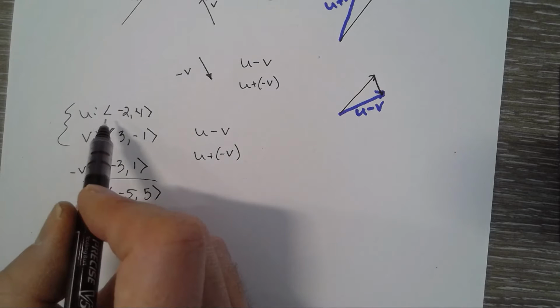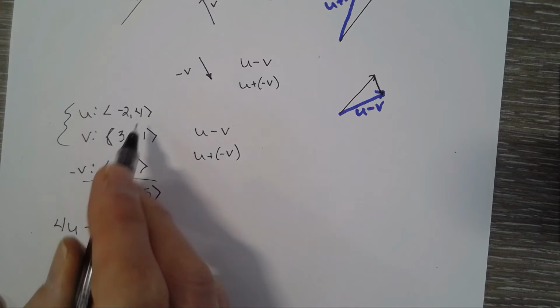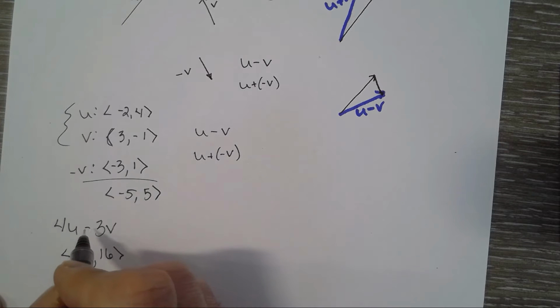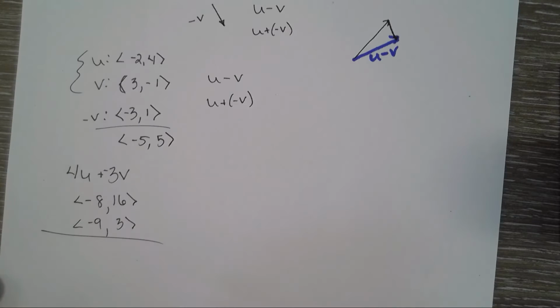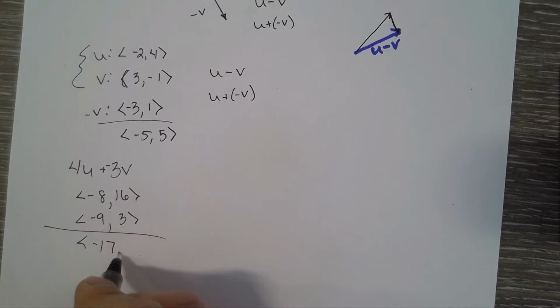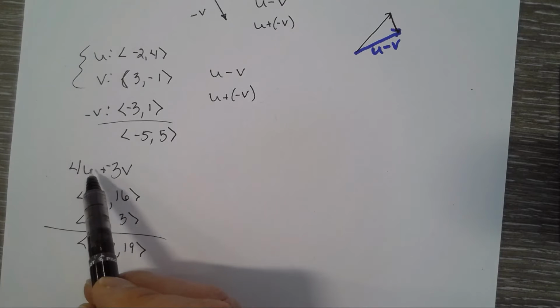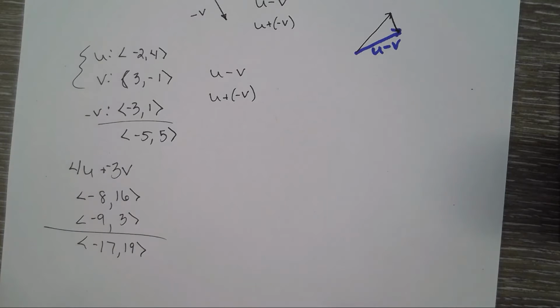So 4u would be negative 8 comma 16, and then negative 3v, so we're thinking of it as plus negative 3v, so negative 3v would be negative 9 comma 3, and then we can add them. So that'd be 4u minus 3v. You just do scalar vector multiplication. You just distribute the scalar to each component, and that's how it's done.